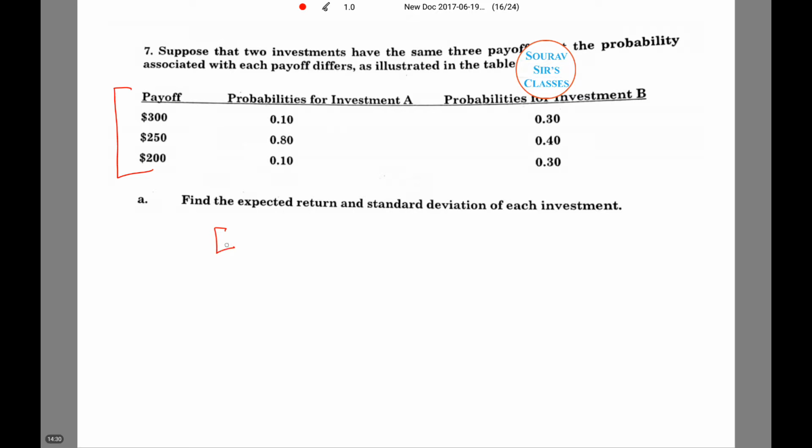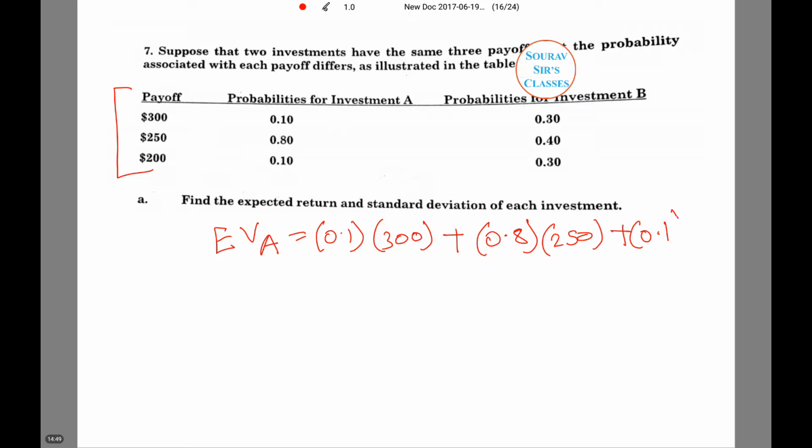Now the expected value of investment A is equal to 0.1 times 300 plus 0.8 times 250 plus 0.1 times 200. This equals $250.